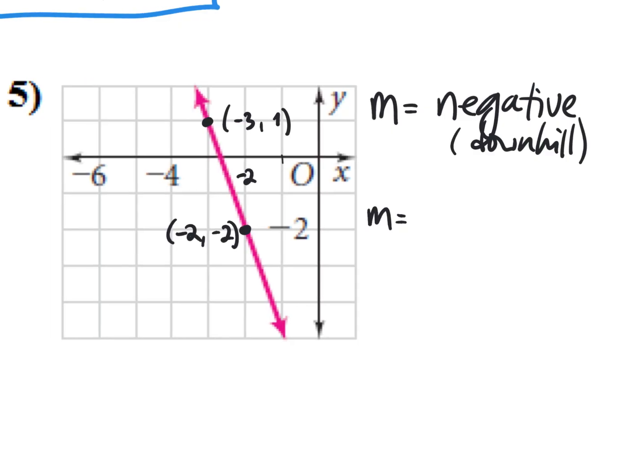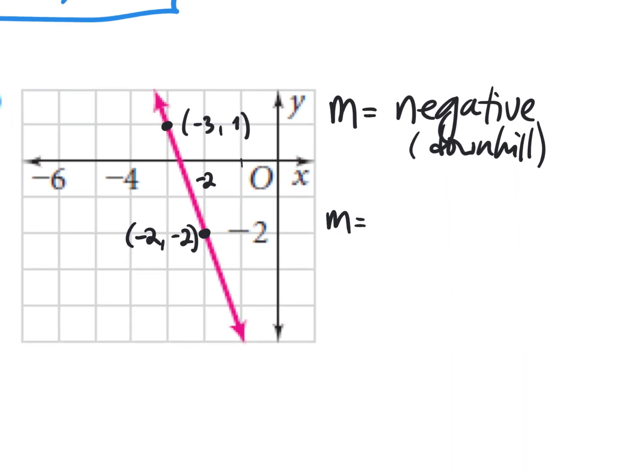Okay, so let's continue now with our formula. So this is going to be our x2, y2. This is going to be our x1 and y1. So y2 minus y1 all over x2 minus x1.